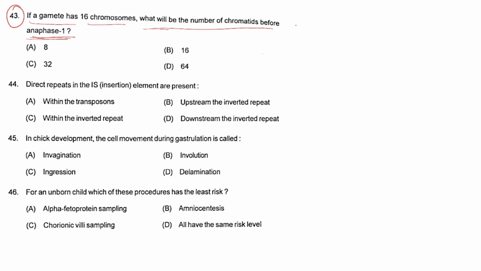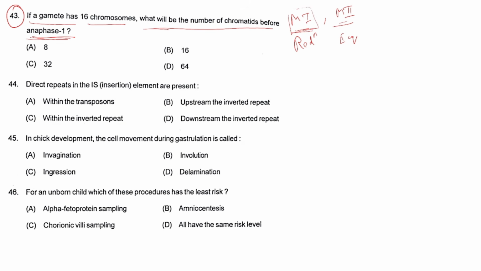Meiosis consists of two phases, meiosis 1 and meiosis 2. Among these, which one is the reductional event? Remember, meiosis 1 is the reductional event and meiosis 2 is equational in nature.